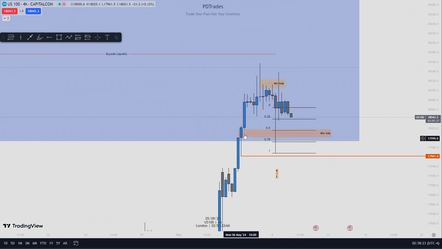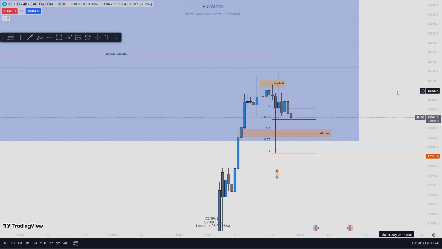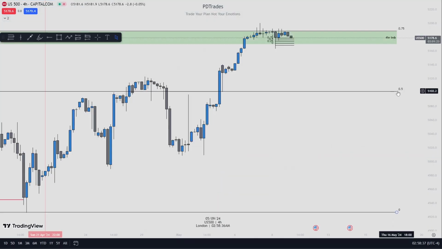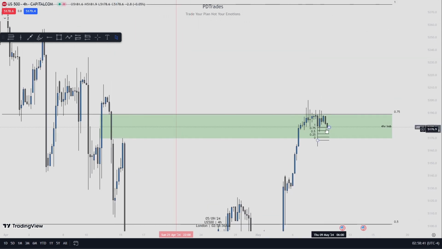So if it retraces, this is the area that I'm looking at. Remember what I said on US 500? Just give me a second.